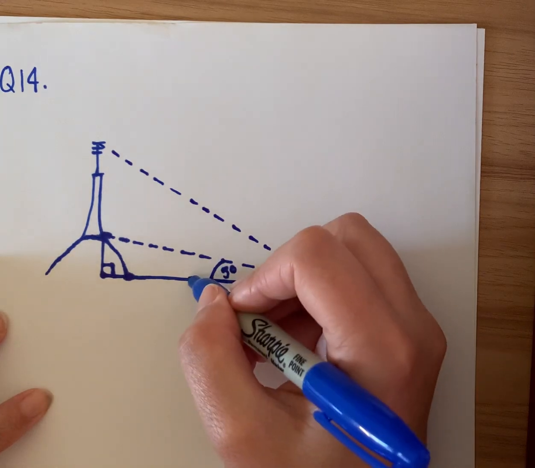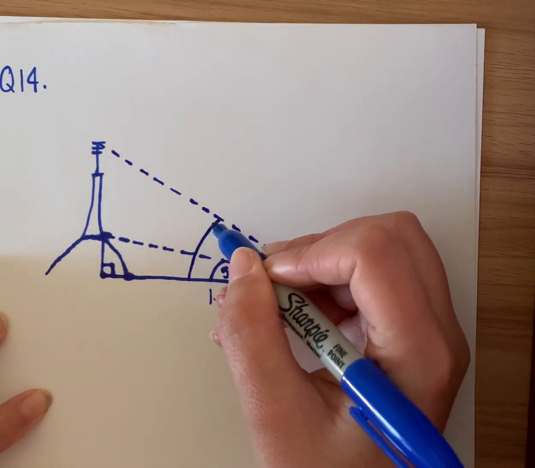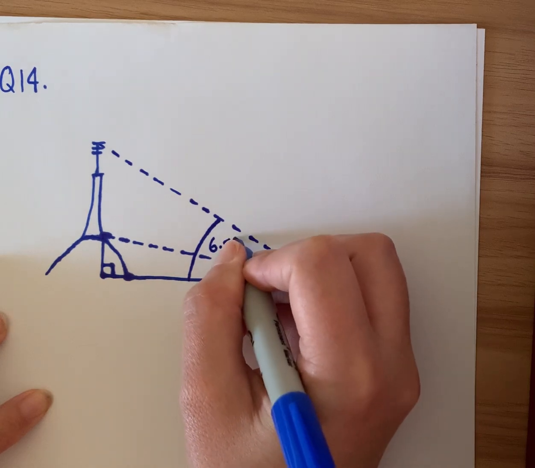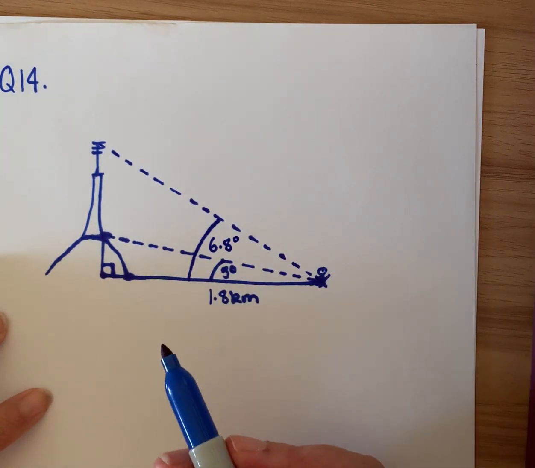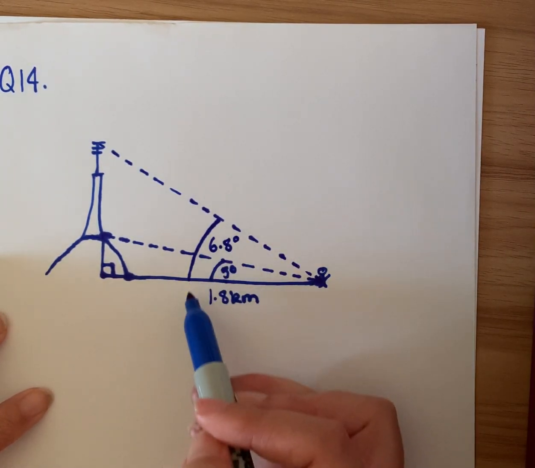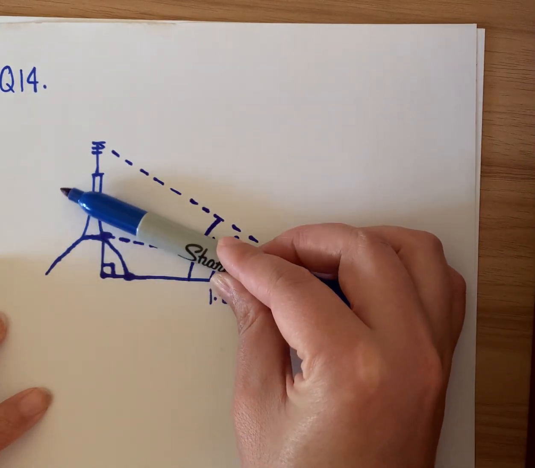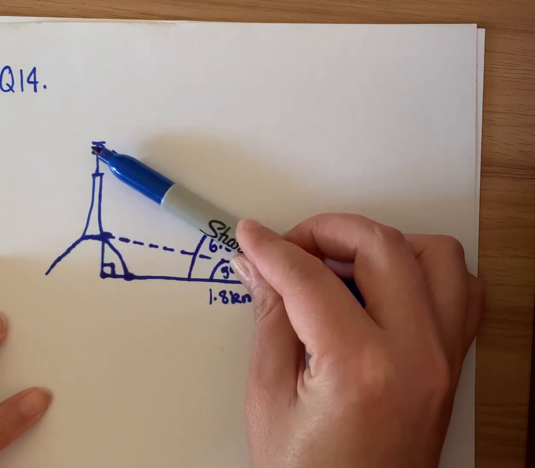Now this angle of elevation is 6.8 degrees. Remember, the angle of elevation is always measured from the horizontal. So this is going to be a larger angle because they're looking further up. So it's gone all the way up to there, so the angle's larger.